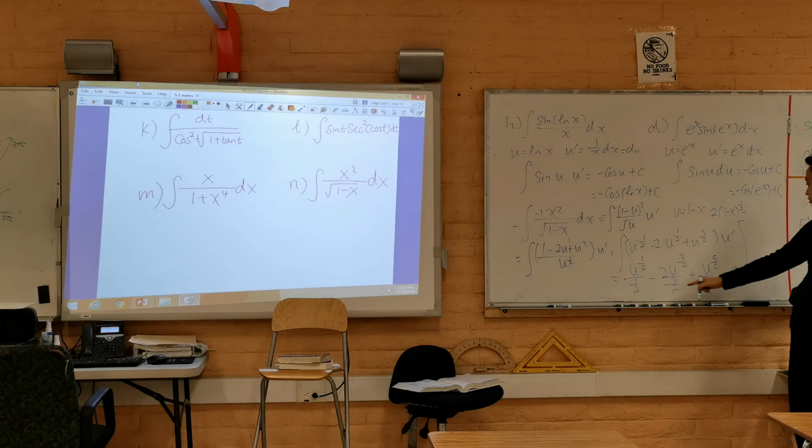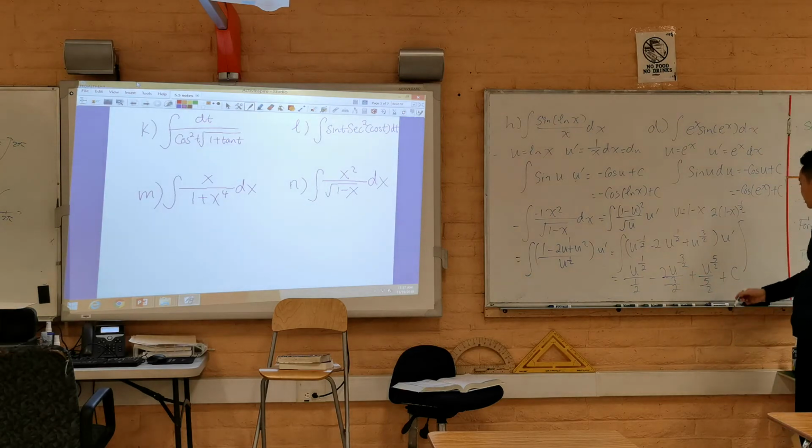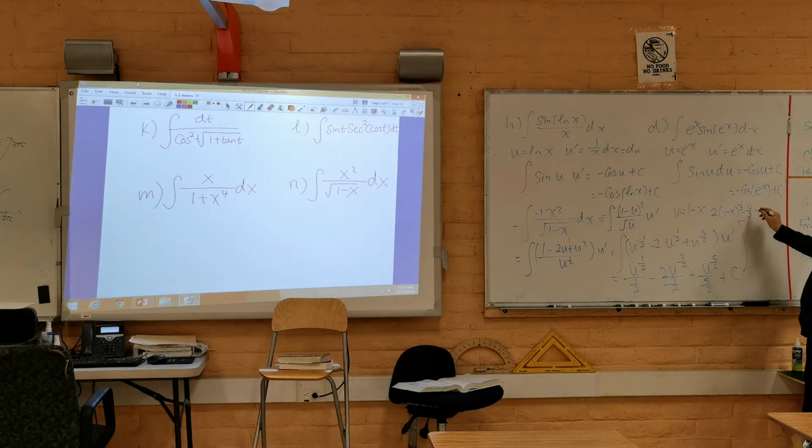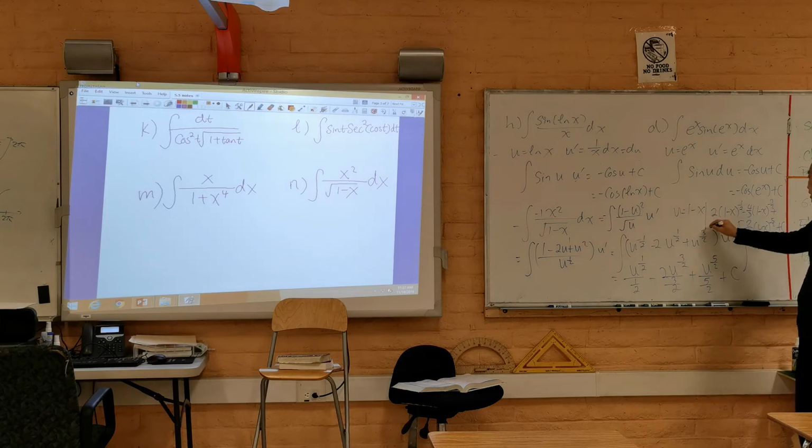And then minus 2 over 3/2, so we got 4 over 3, again u, 1 minus x to the power of 3/2. And then over here, divided by 5/2 means you multiply by the reciprocal, so 2/5, and then 1 minus x to the power of 5/2. And then plus c. And here's the one for the final solution.